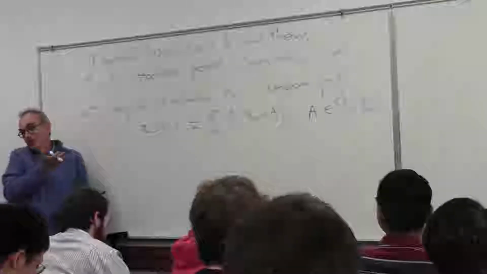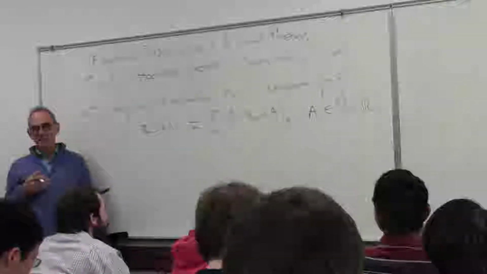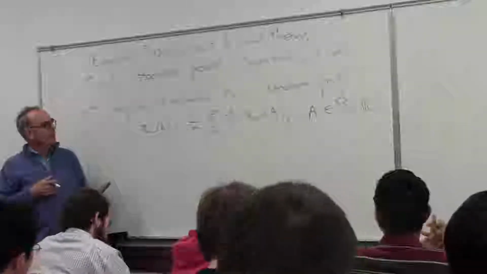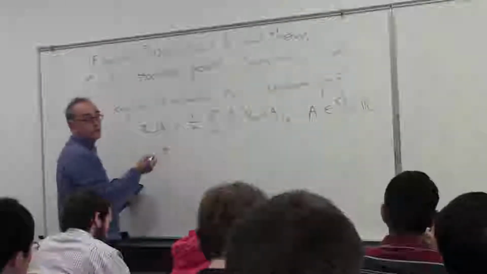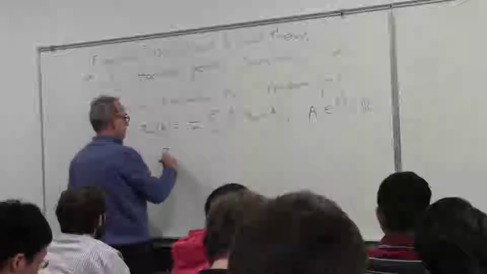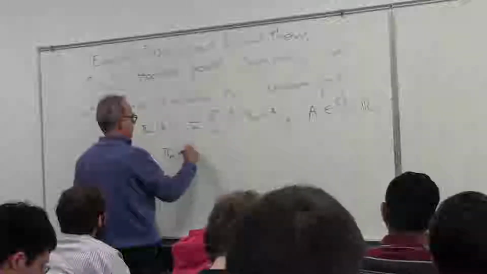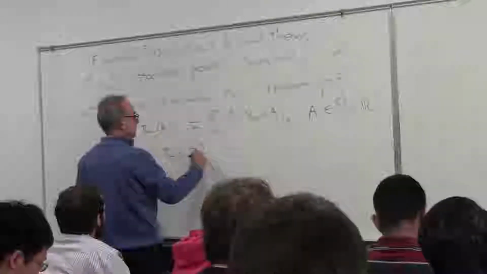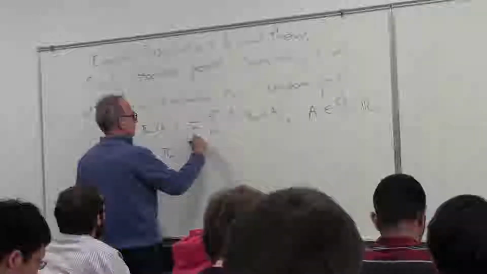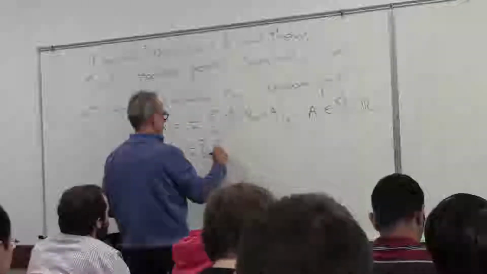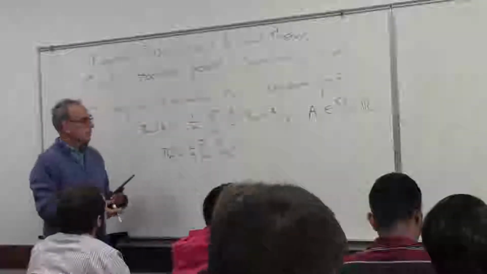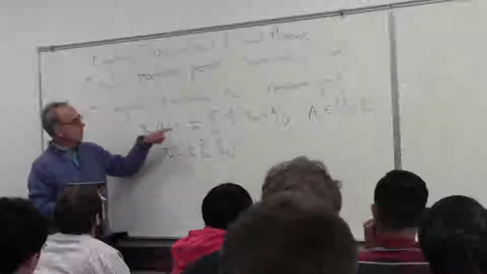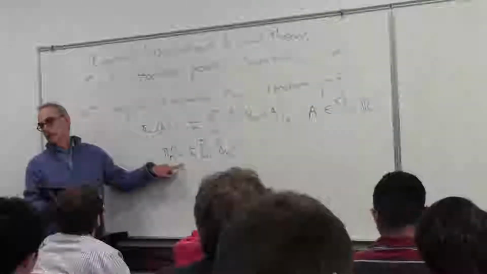For any set A, there's the definition. We don't need anything fancy at this point. You could also say pi m is an average of Dirac delta functions. Put a dot there just to emphasize that. This is exactly the same as saying that.